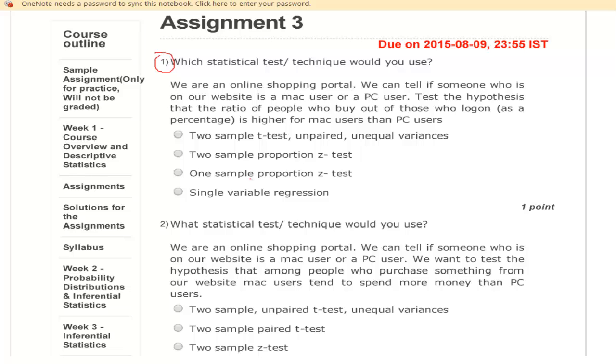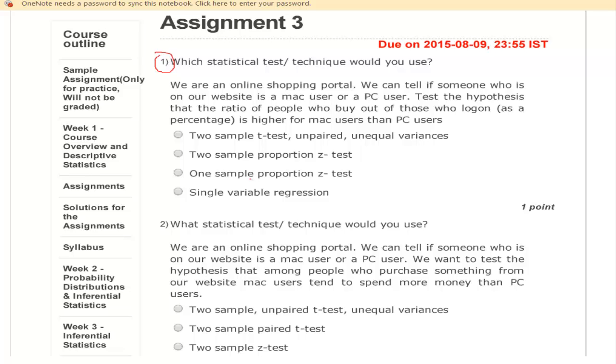And similarly, you have a set of PC users. That size need not be the same. And the data point itself is whether they purchase the product or not. So for Mac users and PC users respectively, you're going to get a ratio or a percentage or a proportion, and we're going to see if one is higher than the other. Okay. Now that's the question.